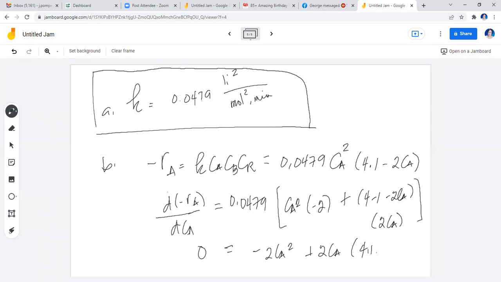This is 4.1 plus, that's not minus, 4.1 minus 2CA. Since this is already 0, you will continue on the other page.